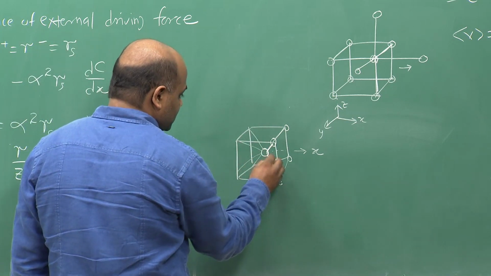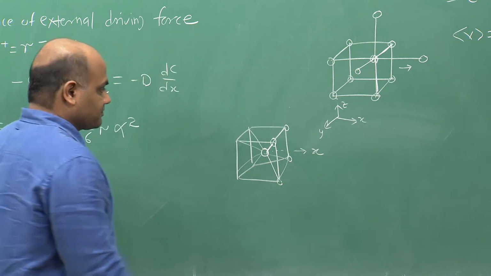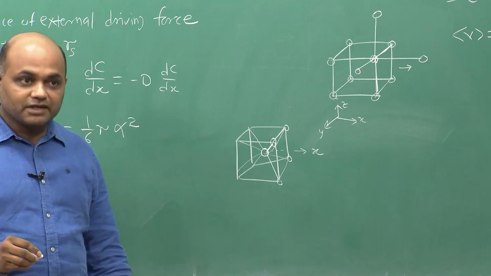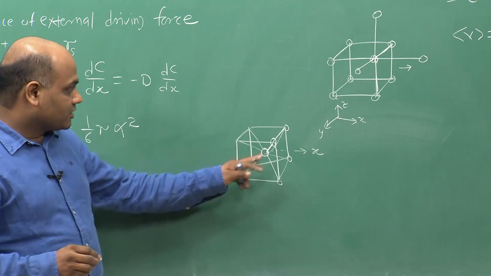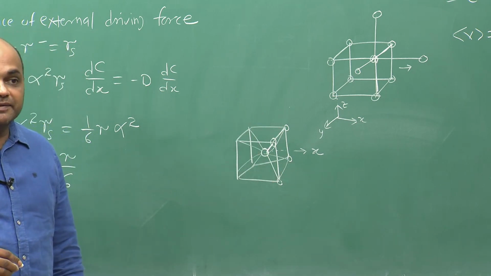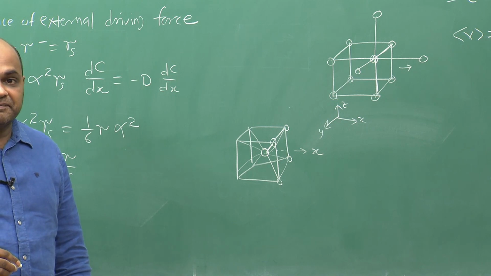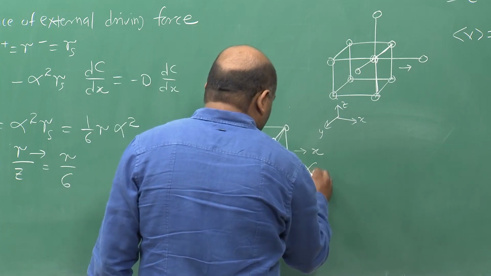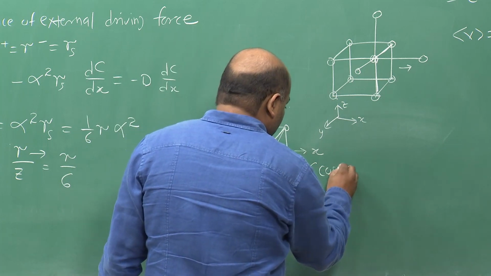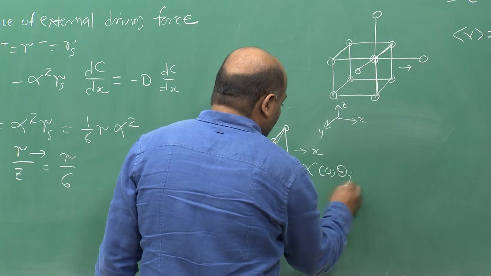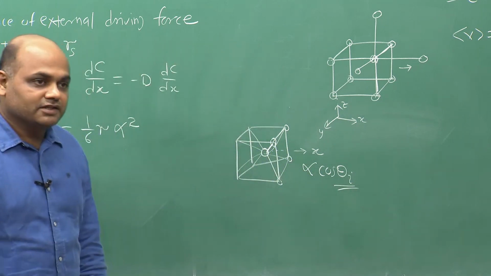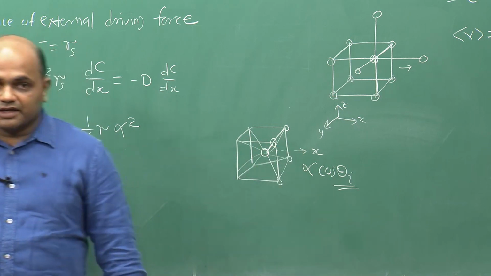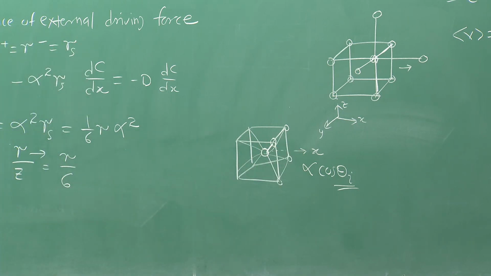These are the nearest neighbors. Now, any of these jumps is not exactly in the x direction, but it will have some contribution in the x direction. How much will that be? If the jump length is alpha, the contribution will be alpha cos theta I, where theta I is the angle that the jump I makes with the x direction, the direction of diffusion.